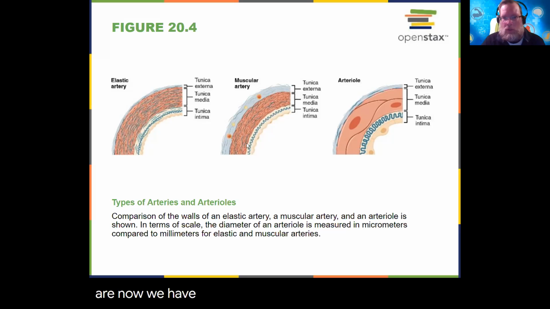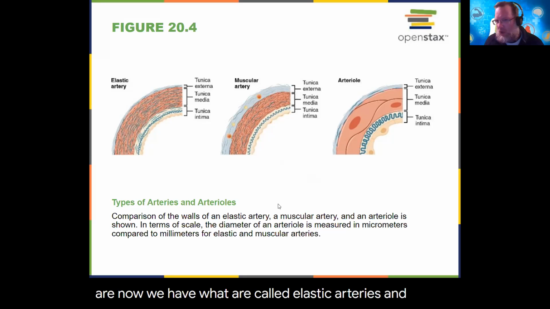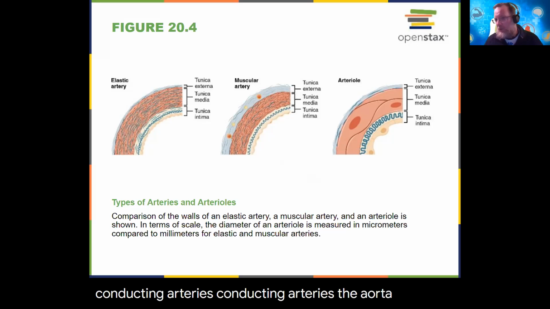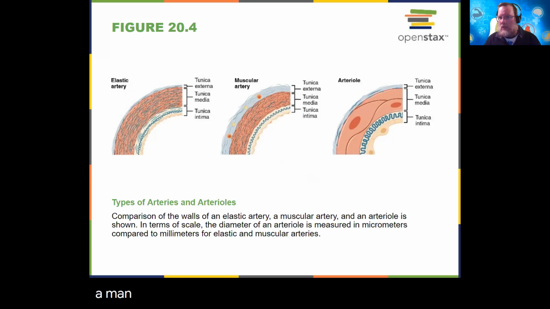We have what are called elastic arteries and muscular arteries. Now, we also have what are called conducting arteries. The aorta would be a main conducting artery. It's the conductor, right? And so it's the main artery.